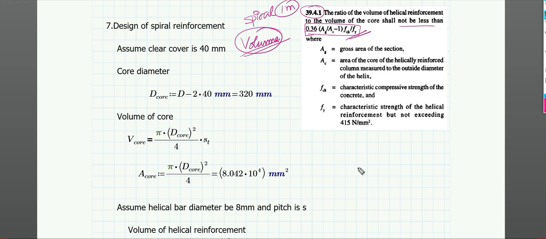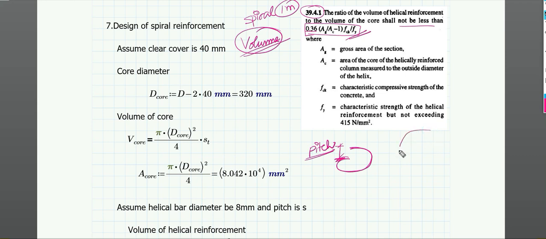If you see the isometric view, suppose for one turn it will just look like this, right? It will start from a lower height and go to the upper height. So it is one turn, and this distance is called the pitch.